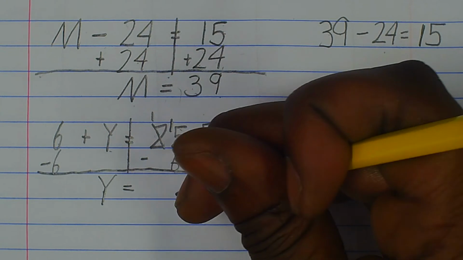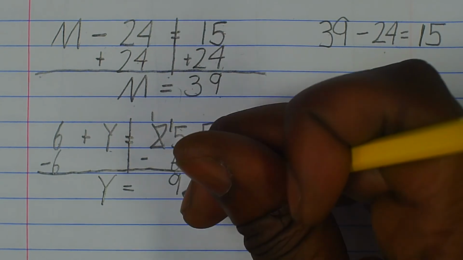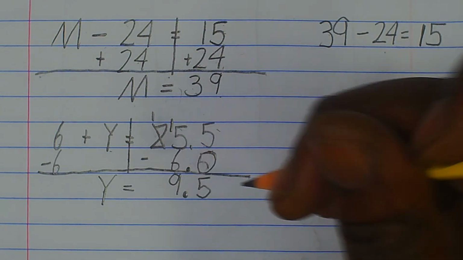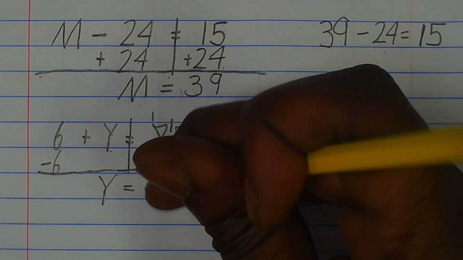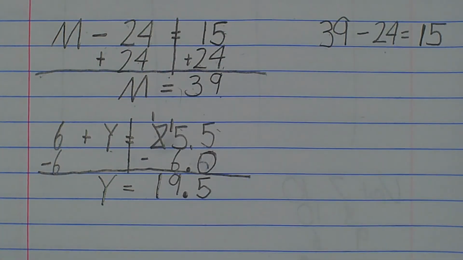This is going to be 9. Oh, and the 1, I'm sorry. All right, here we go. So now we have y equals 19 and 5/10.